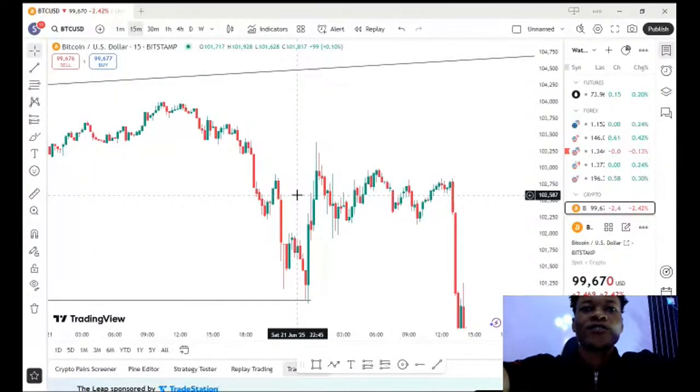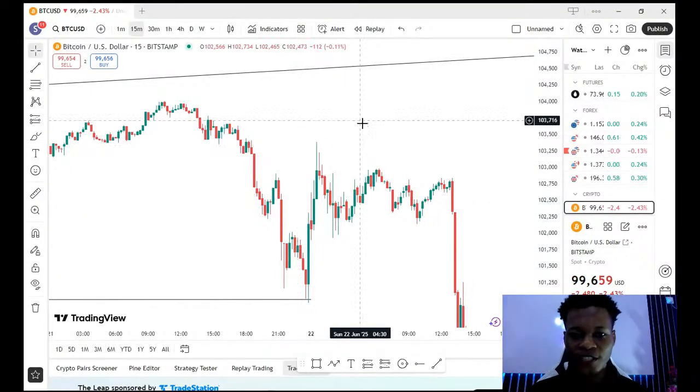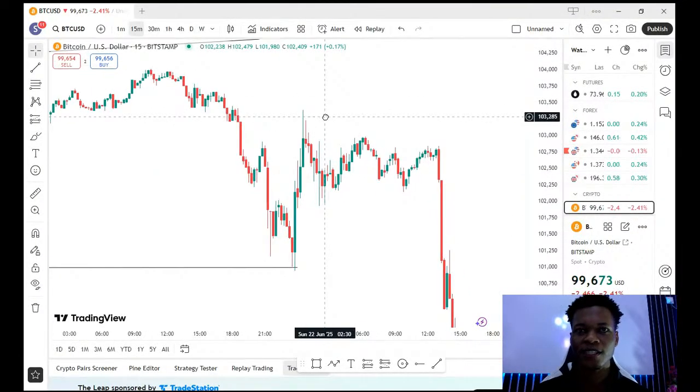Let me share the screen. Okay, you said Euro USD first, so I'll be going to TradingView. We'll be analyzing Euro USD first. This is GBP USD. Hope you guys can see the chart.